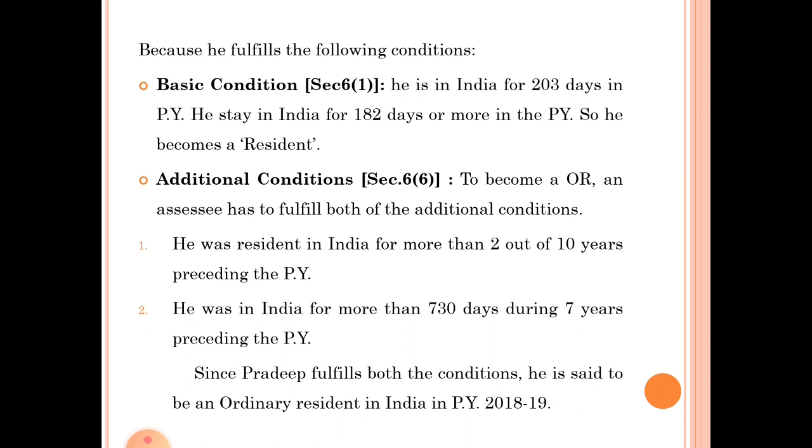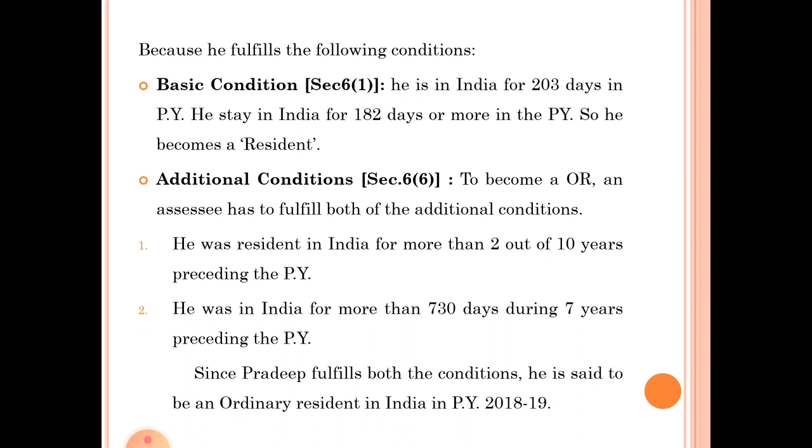Here he stayed 203 days in the previous year, and he fulfills both additional conditions, that is 2 years out of 10 years preceding the previous year, and he stayed in India for more than 730 days during the 7 years preceding the previous year. So he is an ordinary resident in India for the previous year 2018-19.